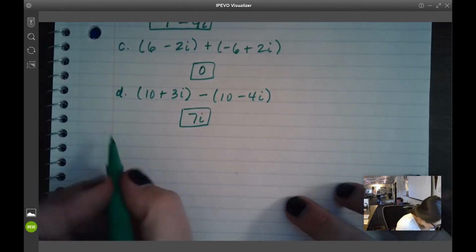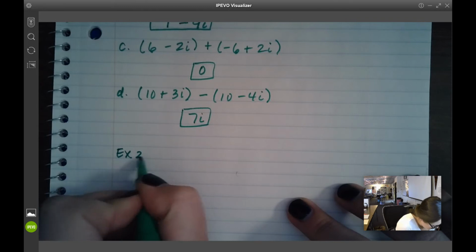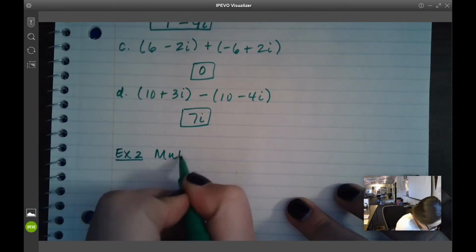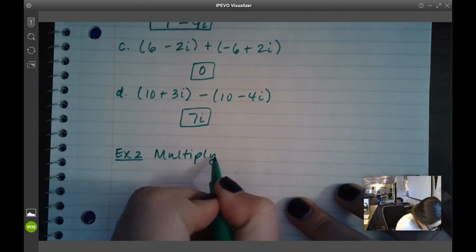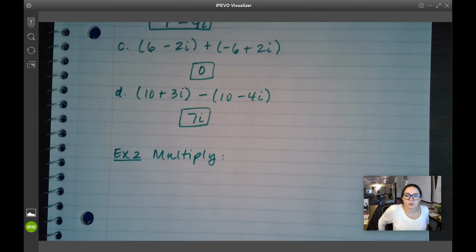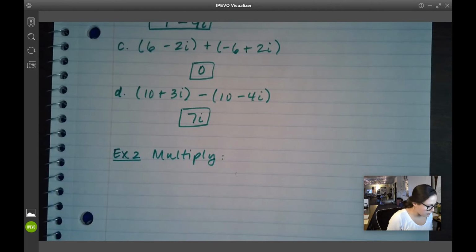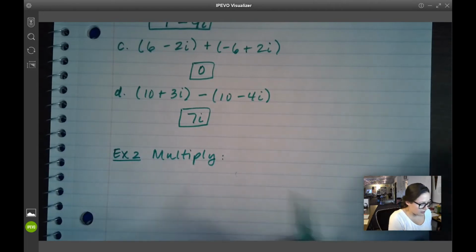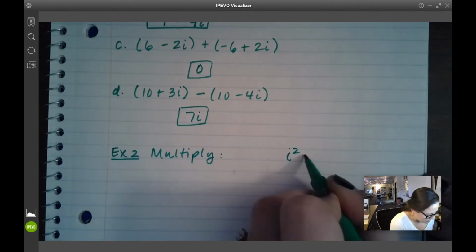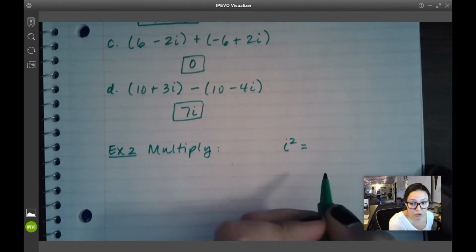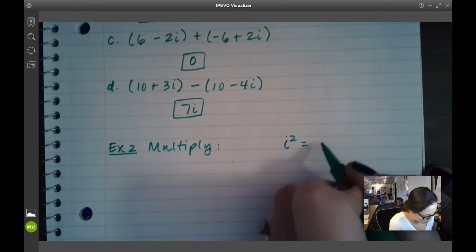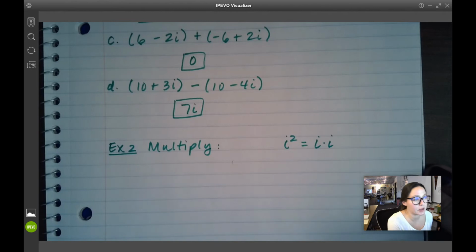All right, let's do some multiplication. Now, here's what you need to know about multiplying imaginary numbers. i squared will come up because i squared means we do i times i.